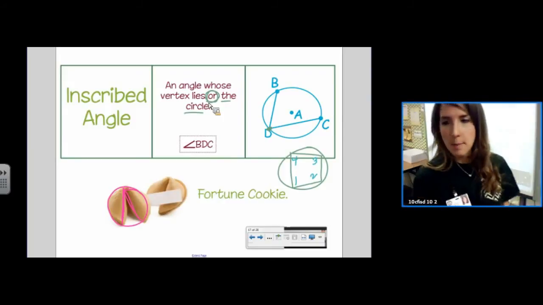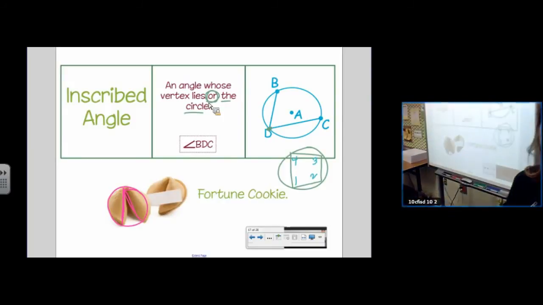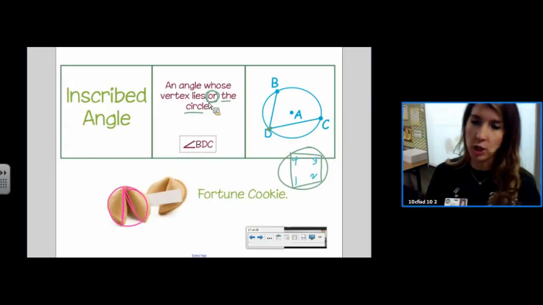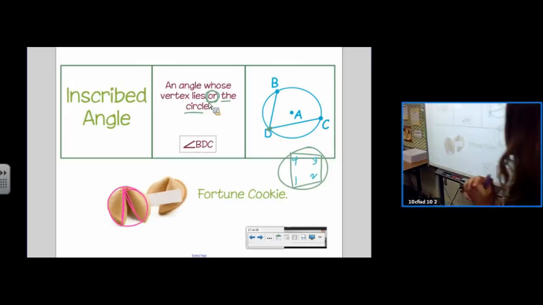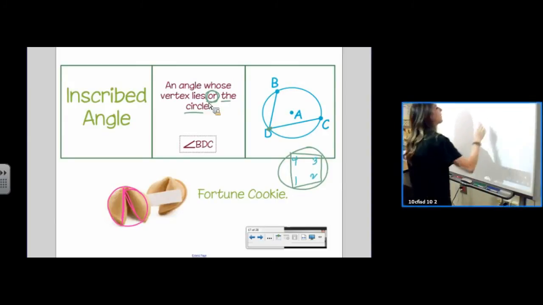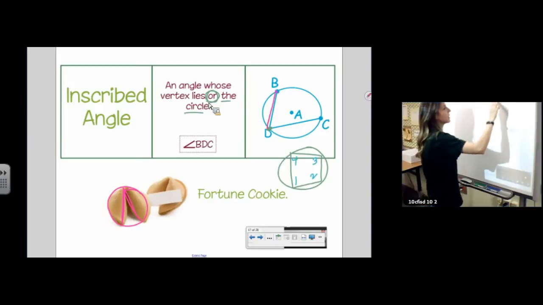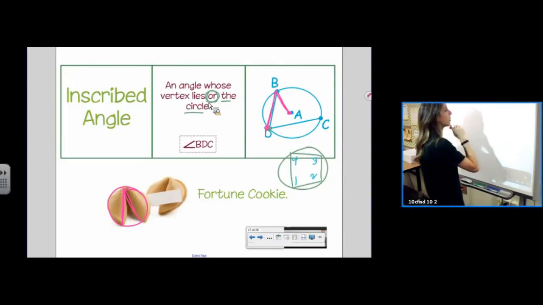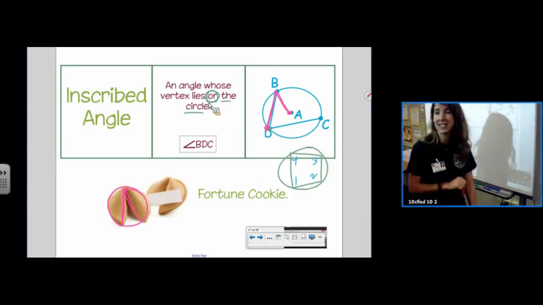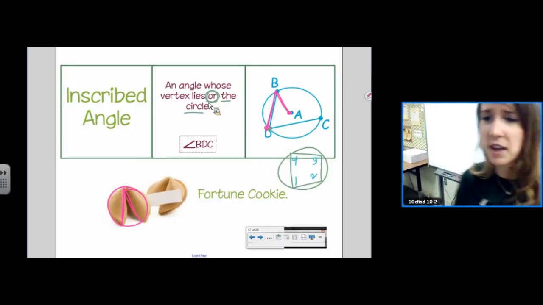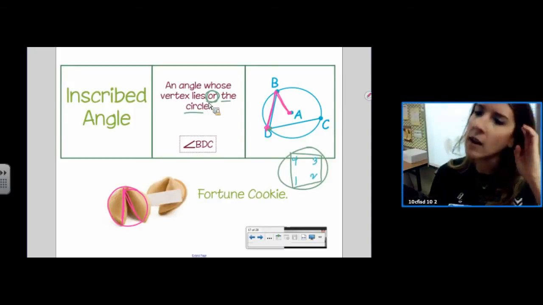I need someone to name me another inscribed angle, not angle BDC. Name another inscribed angle using my picture. Okay, let's talk about that. Someone said DBA, and I'm going to have to say no to that, because DBA would not be an inscribed angle. It's not in the definition. We need to make this definition better.